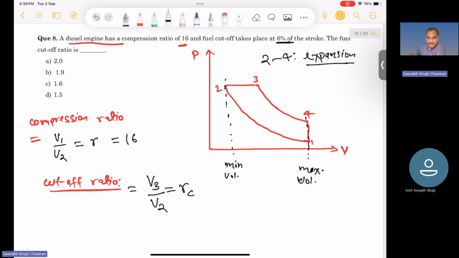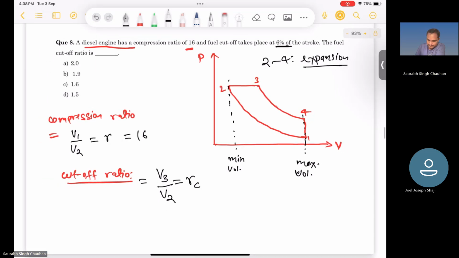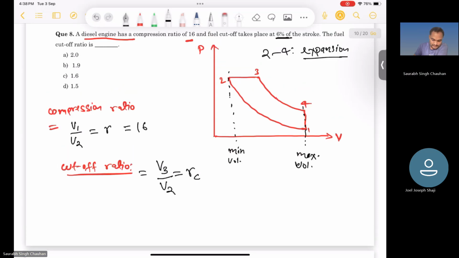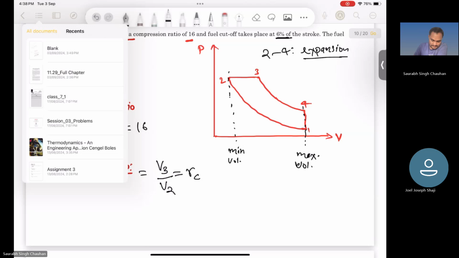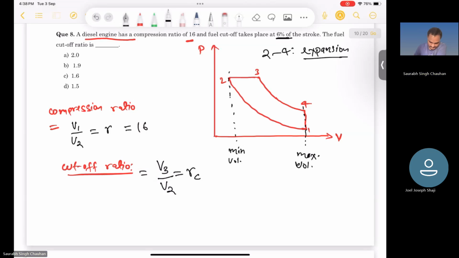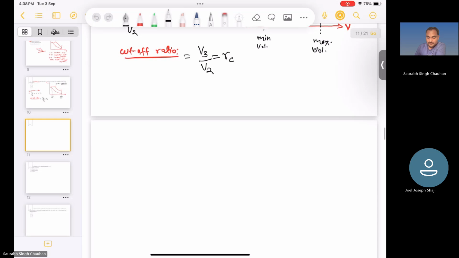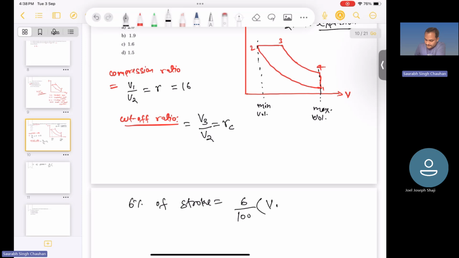So 6% of the stroke means 6 by 100 times V4 minus V2.